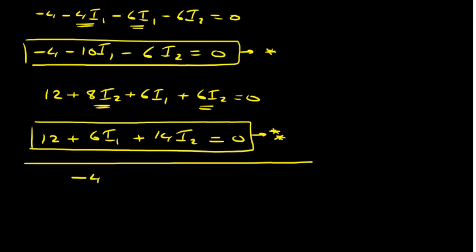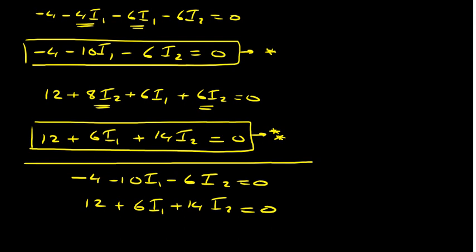Minus 4 minus 10I1 minus 6I2 equals 0, and here I have 12 plus 6I1 plus 14I2 equals 0.